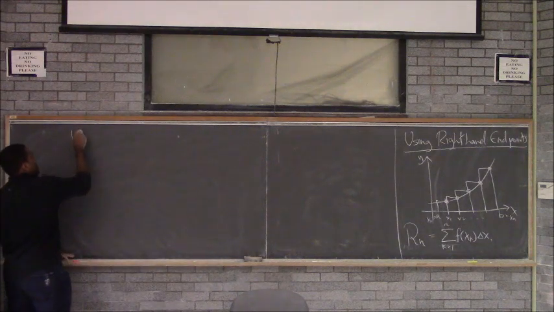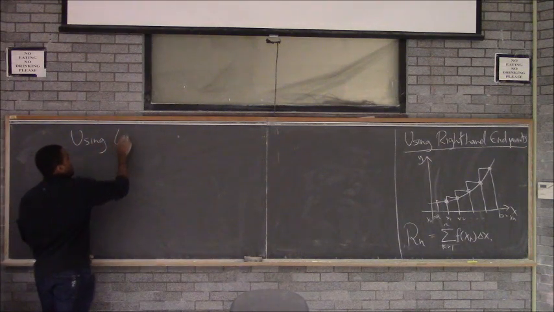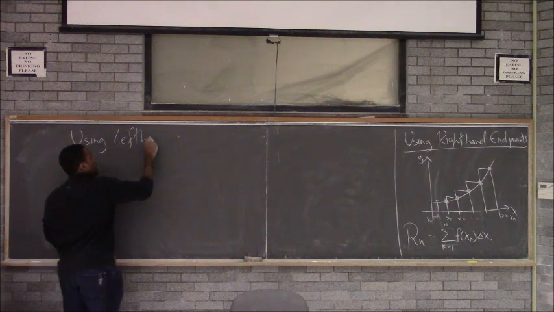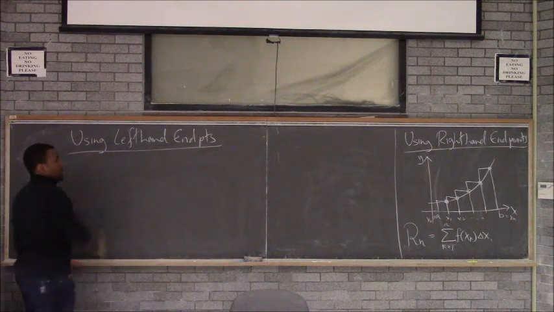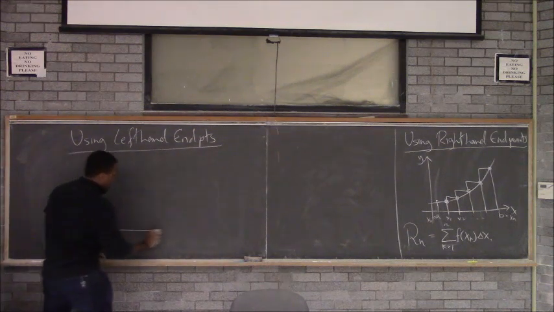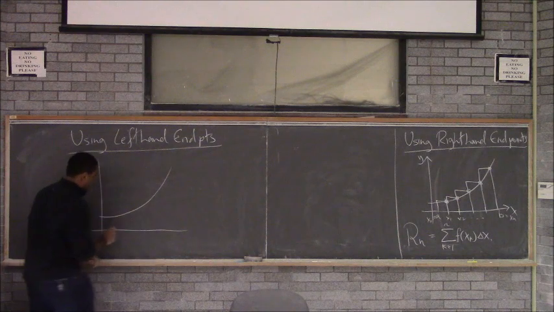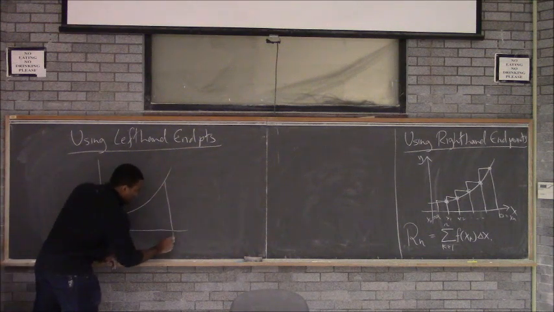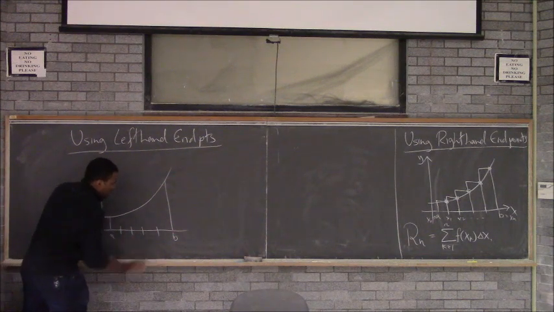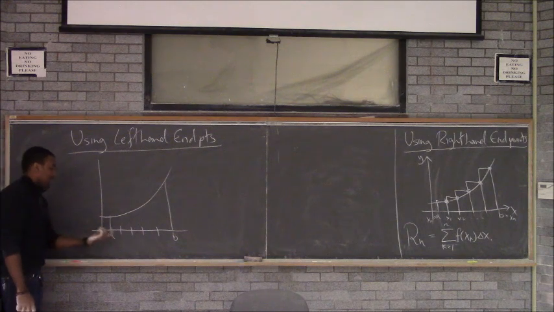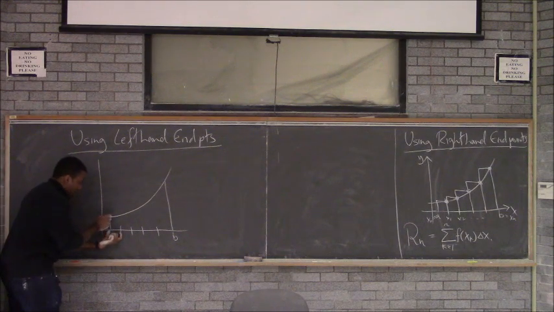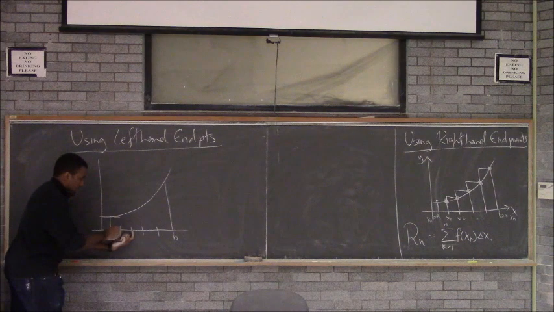Another way, using left-hand endpoints. So we can think of the exact shape here. Again, we're going to cut this up into a bunch of pieces. Now, instead of taking the right side, I'm going to determine the height of the rectangles by the left side. So I look at the first. The left side comes up, it's the function, that's the height. Second, left side comes up, it's the function, that's the height.